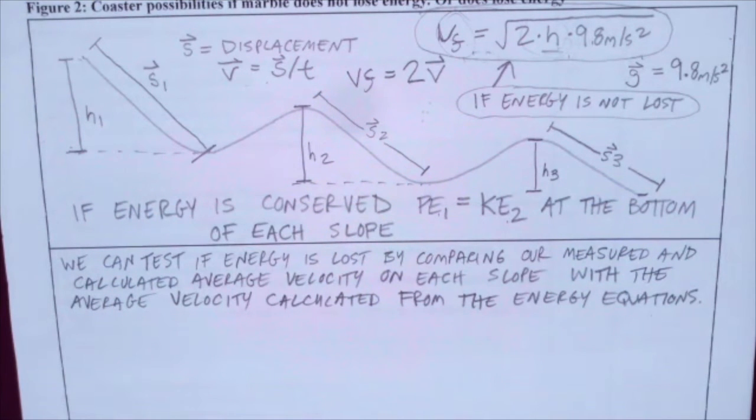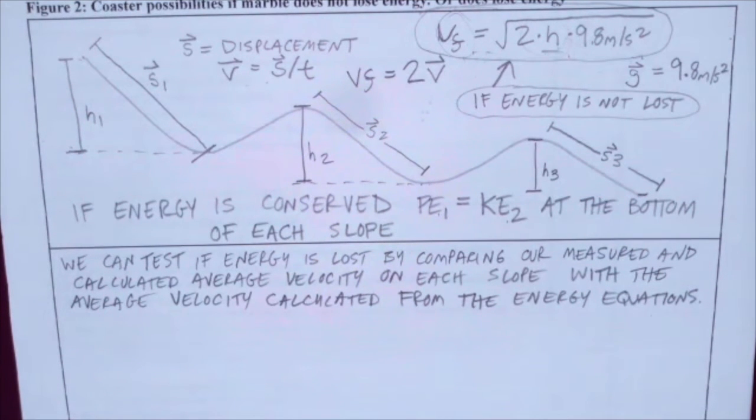So what did I do here? What am I doing with the slopes here? Each hill is decreasing in height. This height is smaller than this height. This height's actually bigger, but I didn't put really any hill here. This hill was high enough to get me over this little tiny thing, right?